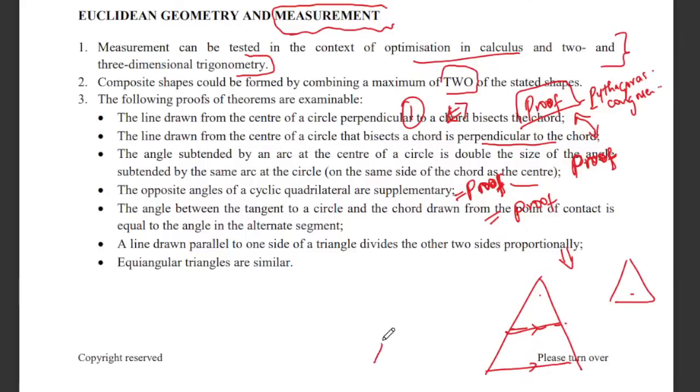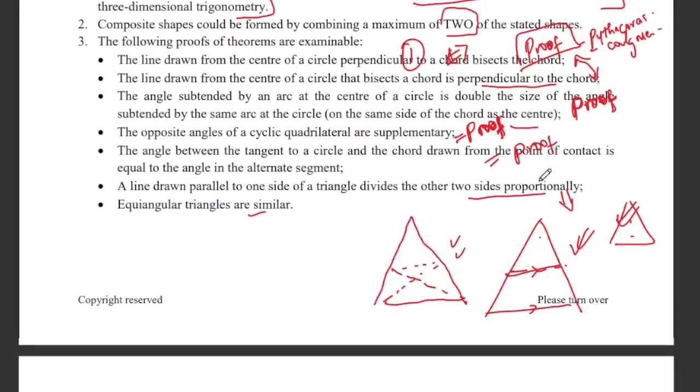The other one under proportions is where you look at maybe this one triangle and you have to construct the perpendicular heights and things of the sort, and then you do the proofs as well. So just know these four and how to work with the proportionalities. A line drawn parallel to one side of a triangle divides the other two sides proportionally. Then equiangular triangles are similar, so this and this, those are the equiangular. So we need to know all of that.